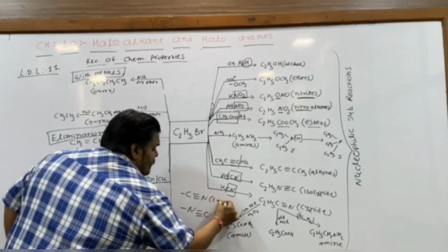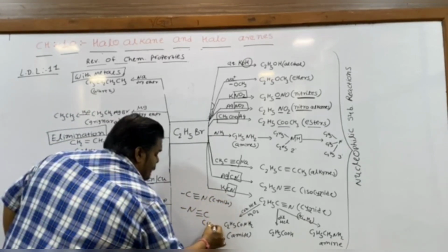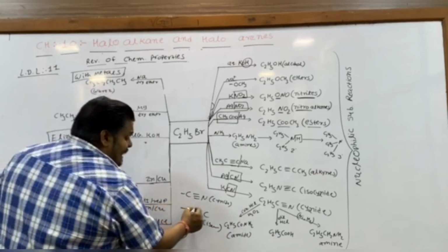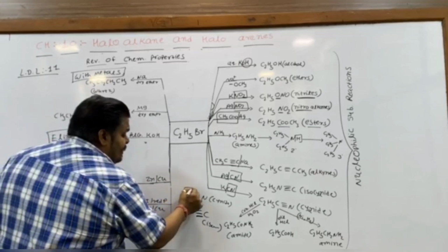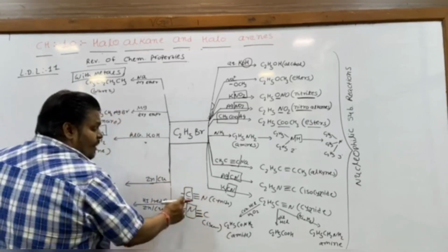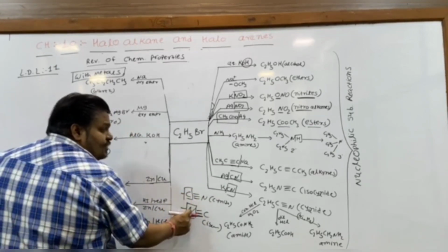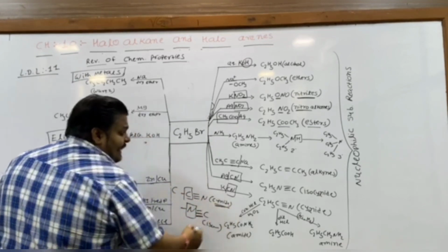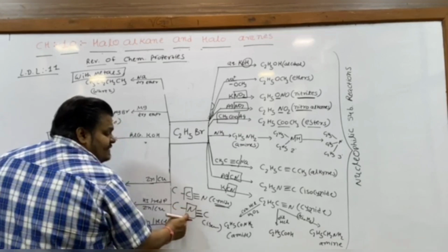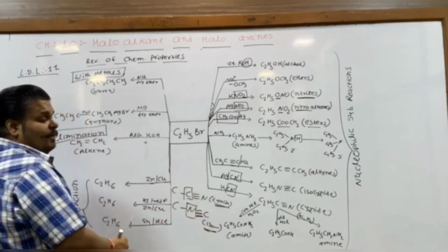Cyanide and isocyanide, what are they? They are isomers. They are called coordination isomers because they have two different coordination sites. Coordination through carbon, coordination through nitrogen. If a carbon-carbon bond is there, the compound is called cyanide. But if a carbon-nitrogen bond is there, it is called an isocyanide compound.